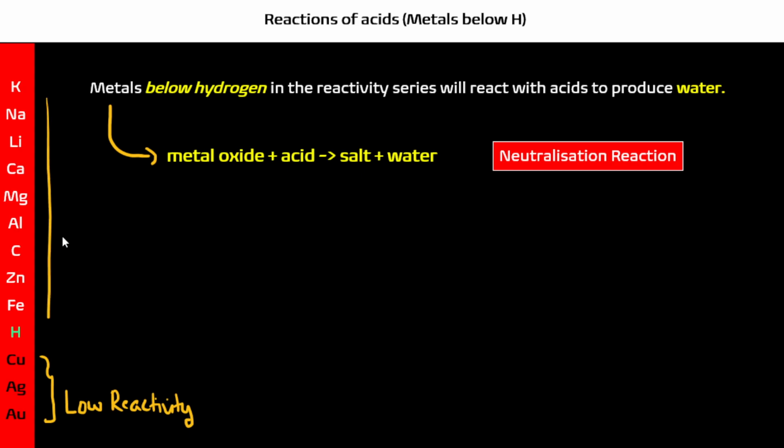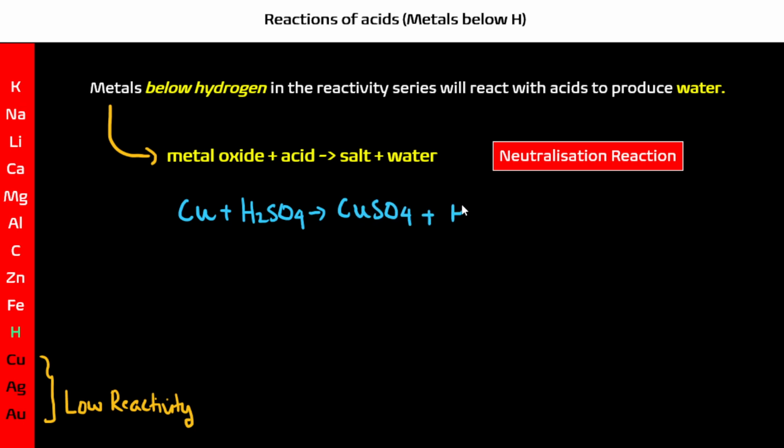Okay? So that's why if we want to produce a copper-2 sulfate salt, we cannot simply write copper plus sulfuric acid will produce copper-2 sulfate and water. We simply cannot write this at all because copper is not going to react with sulfuric acid. This is wrong.